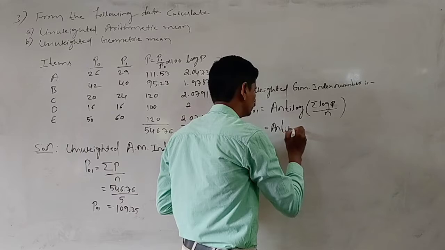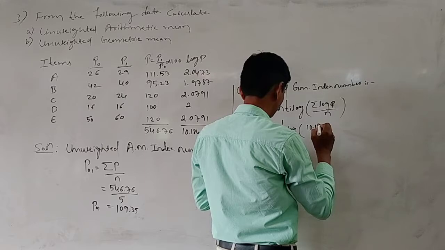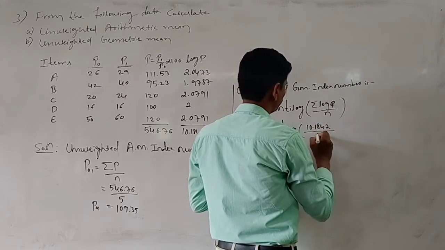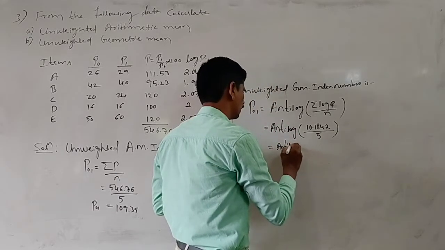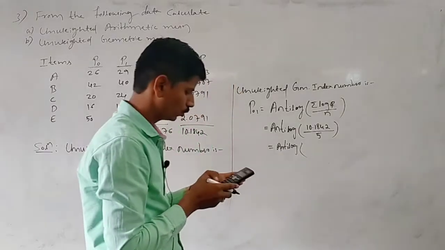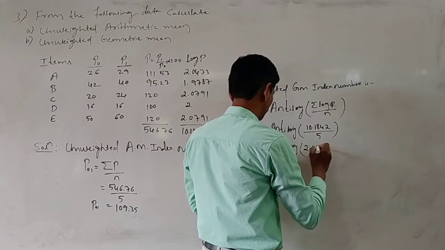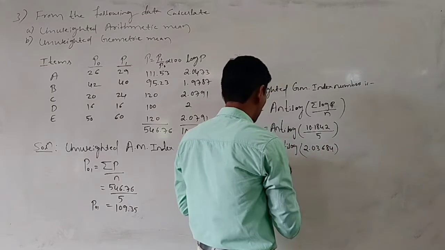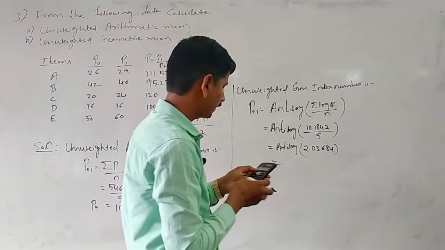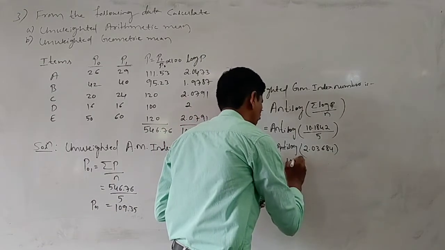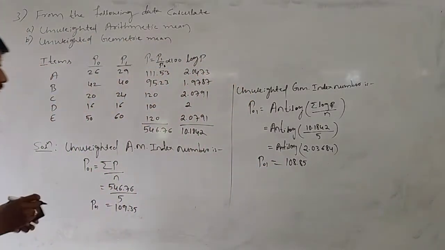Antilog of sum of log P is 10.1842 divided by 5, the number of items is 5. Here 10.1842 divided by 5 is 2.03684. Antilog of 2.03684 is 108.85. It is the unweighted geometric mean index number.